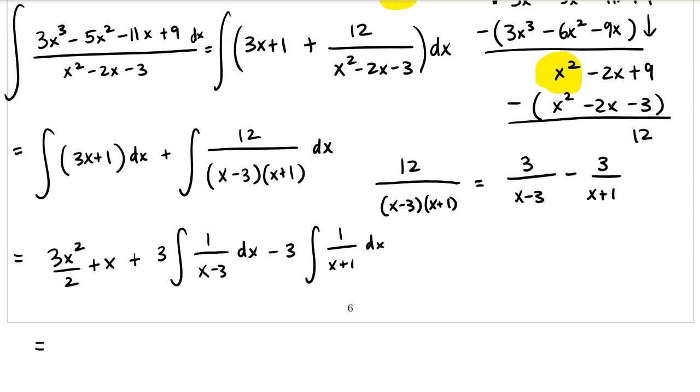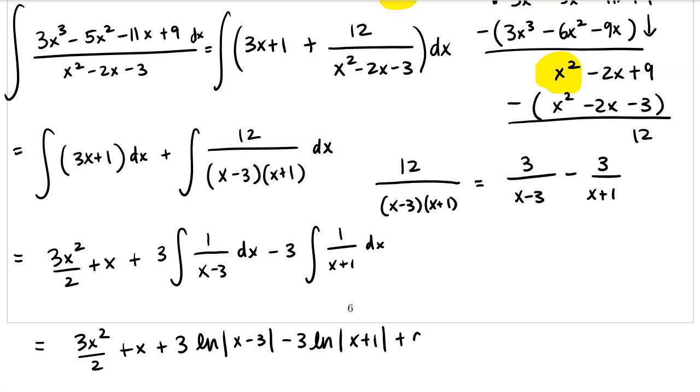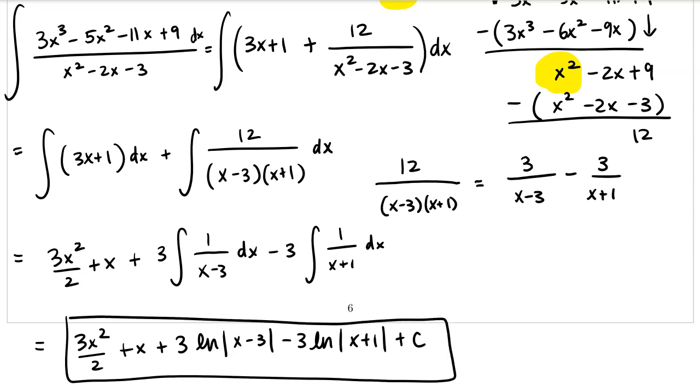And so we'll get 3x squared over 2 plus x plus 3 times the natural log of the absolute value of x minus 3, minus 3 times the natural log of the absolute value of x plus 1, plus our constant of integration. And here is our final answer.